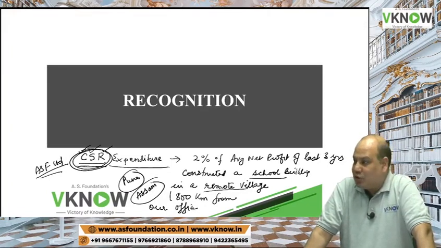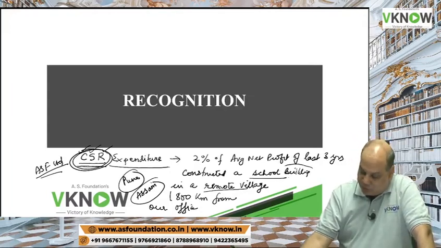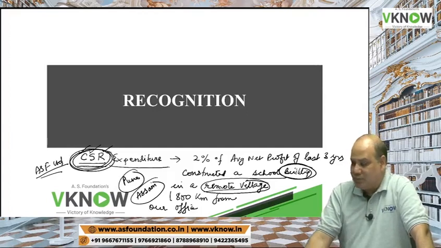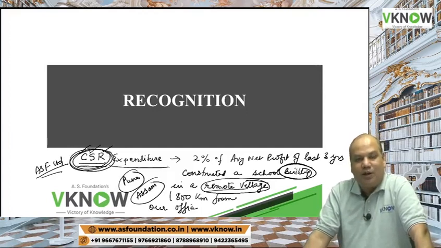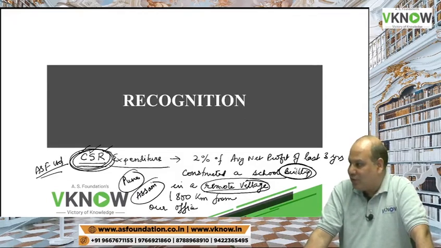My question to this batch of learned students is, will this building constructed in a remote village to satisfy the CSR expenditure requirement be capitalized in the books of ASF? Can we show in our balance sheet, on the asset side, the school building?